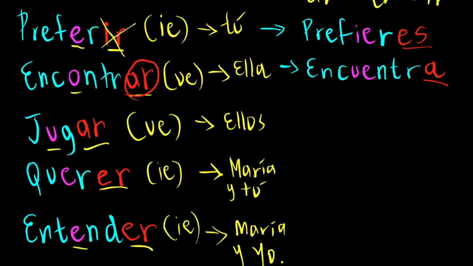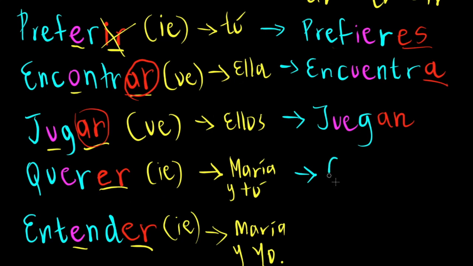Then we have jugar. We're going to conjugate to ellos. Same thing, right? Change the stem. It's an AR verb. So the A has to be there in the conjugation. Don't conjugate an ER-IR verb as an AR. Then we have María y tú. E changes to IE.